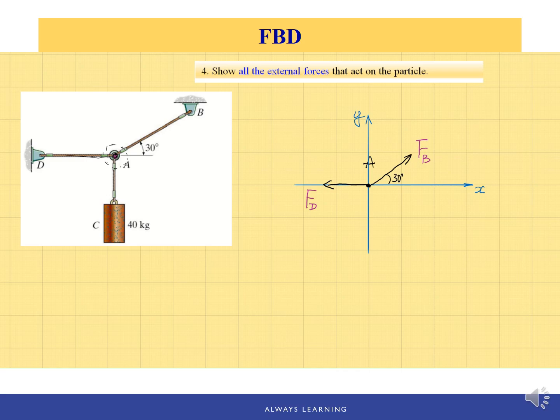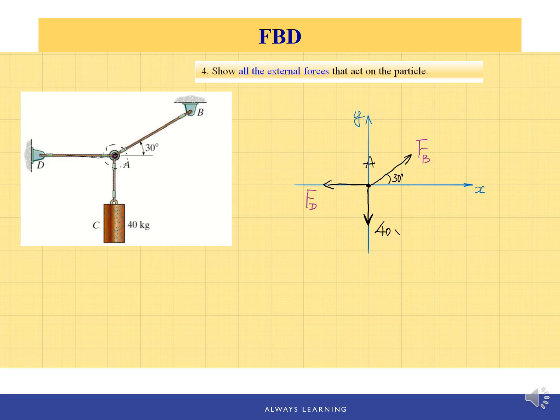And there is one more cable that attaches the weight down here. We can call it force AC or force C, but this value is actually already known. We can give it a name or we can just write down the value here directly. 40 is the kilogram, which is the mass of this weight or of the cylinder.